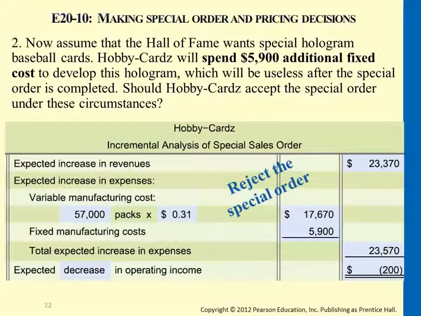Would you accept it if you were always going to get, even if you're at a loss now, if in the future you expect that the sales are going to increase? If this particular special order will lead to a demand in the future, then that will be another case, yes. So this is a simple case assuming that currently the demand is stable for this particular product.